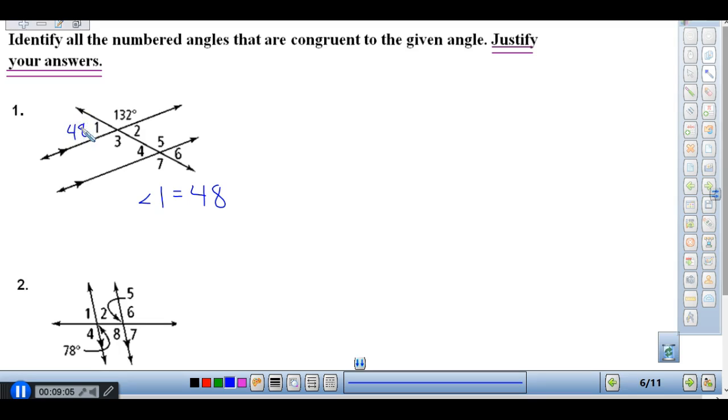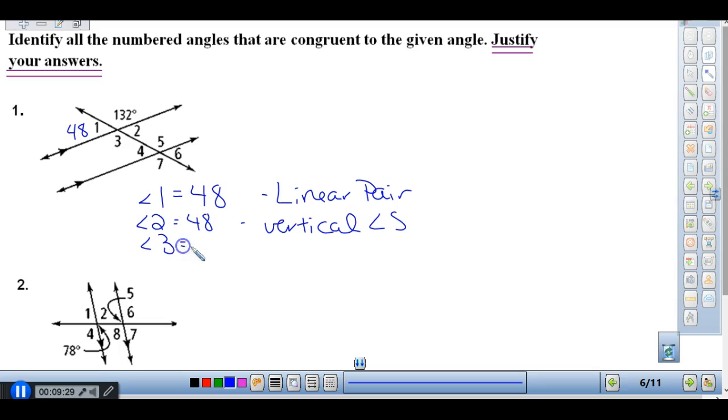Why? Linear pair. Angle 2 is 48. How do we know? Vertical angle. Angle 3 is 132.